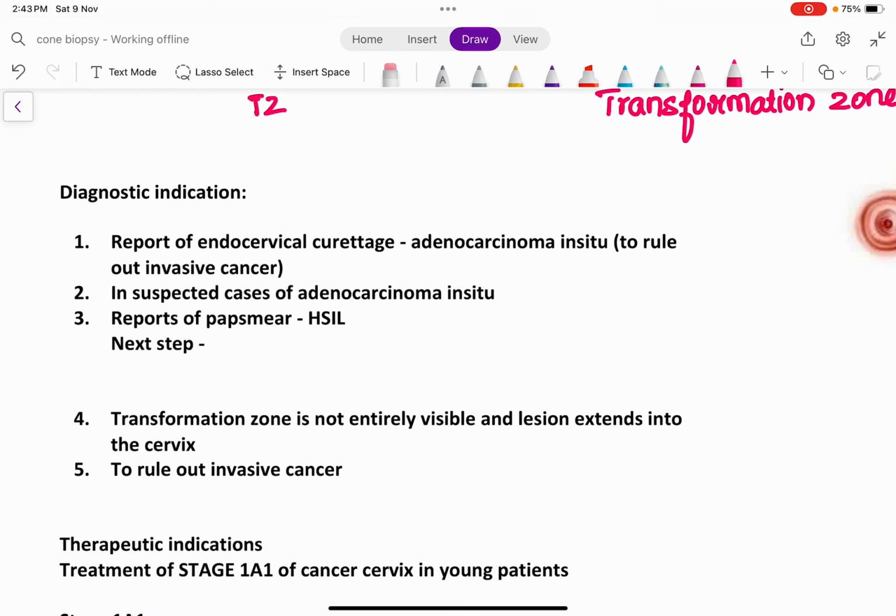We all know that the most common type of cervical cancer to arise from the endocervix is adenocarcinoma. If the report of the endocervical curettage is adenocarcinoma in situ, then, as I told you in the last module, in order to rule out invasive cancer, whether the cancer has spread beyond the endocervix and involved the transformation zone and the ectocervix, you have to do this cone biopsy, since it involves samples from all three important parts of the cervix: the ecto, endo and the transformation zone.